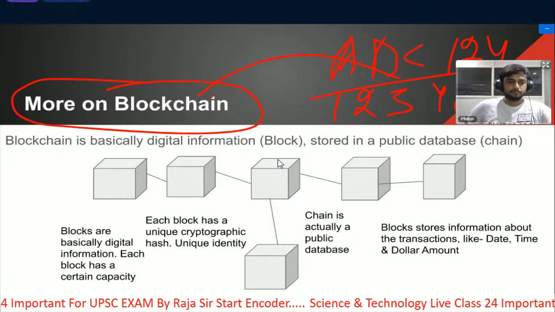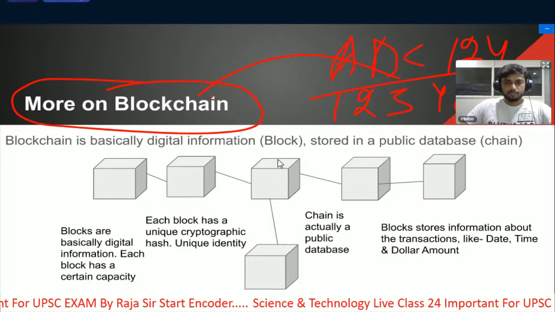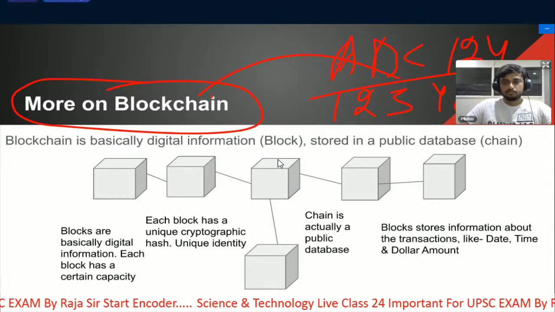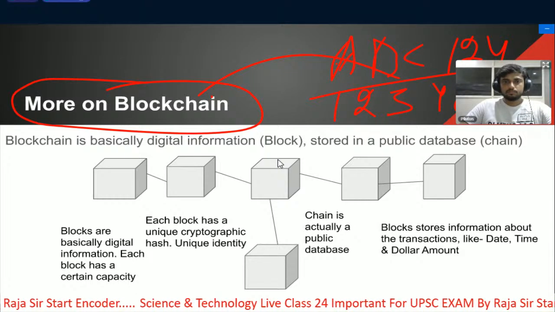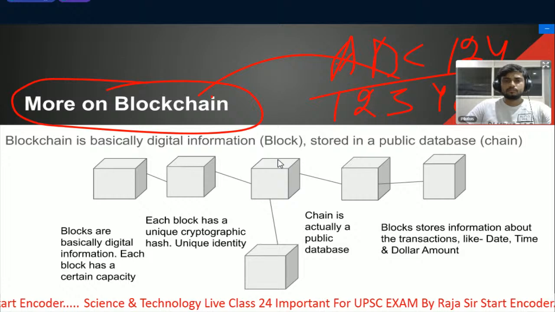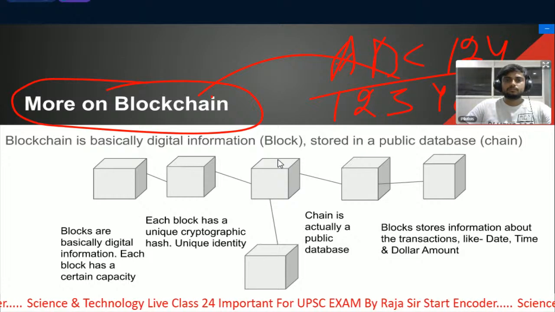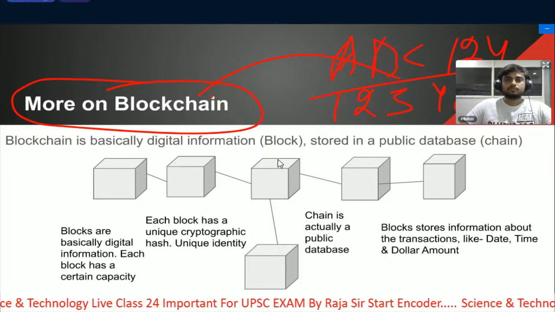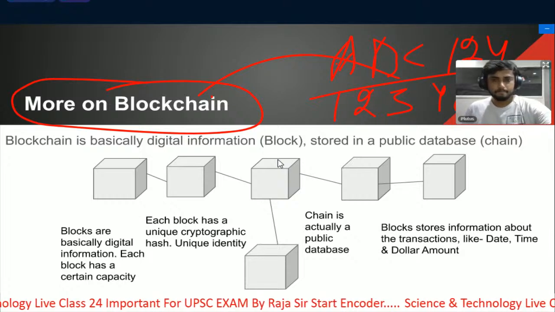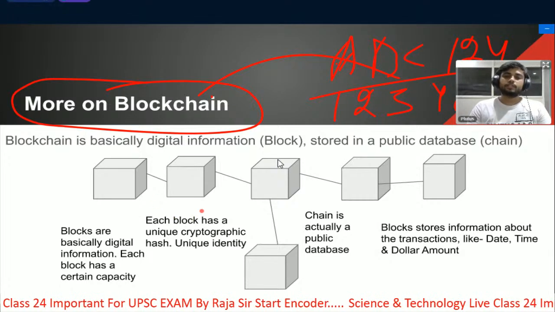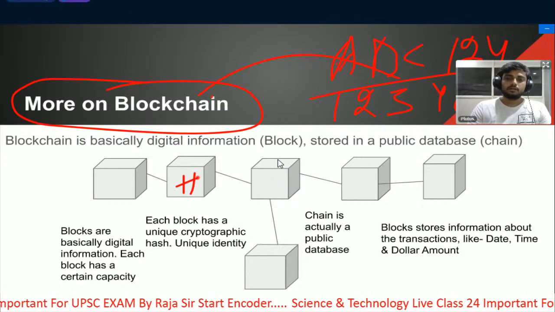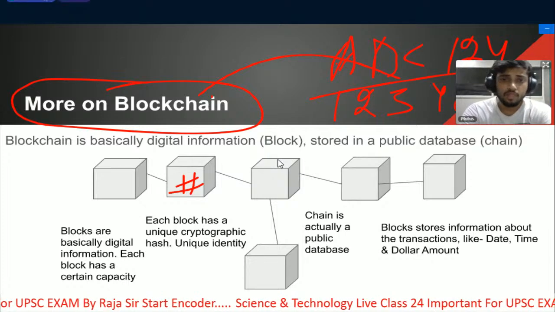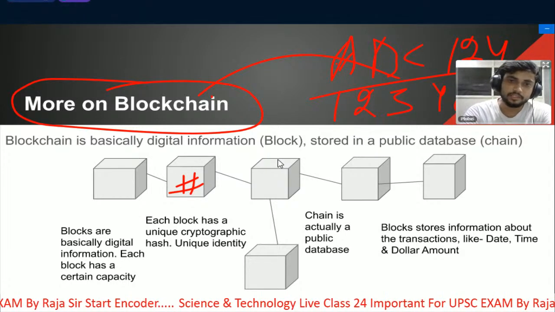Yes, Meenu? Yes, this unique hash code we can demonstrate in the diagram as the hash of the previous block and the hash of itself. You can denote it with the symbol hash, but do not use it in the examination.